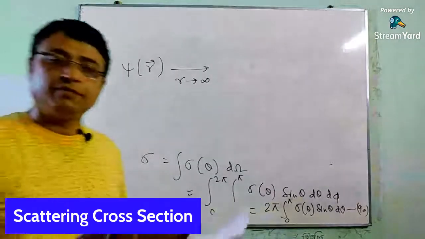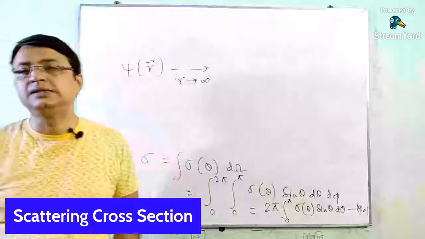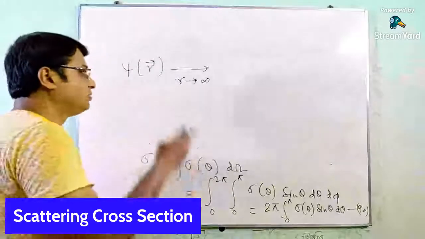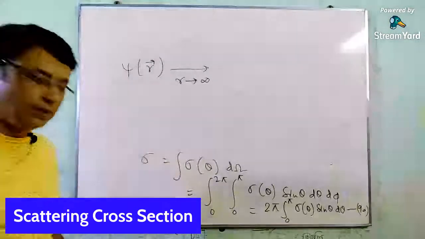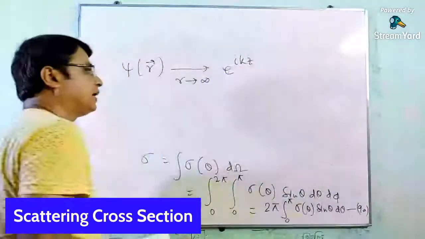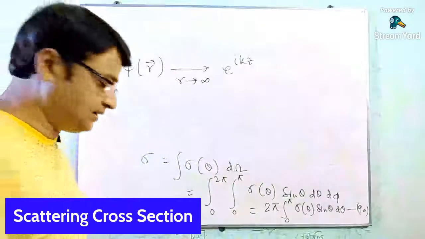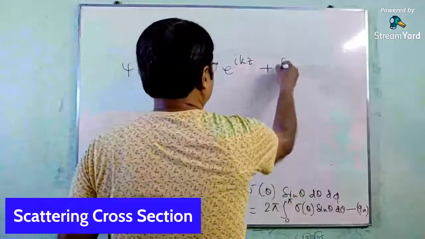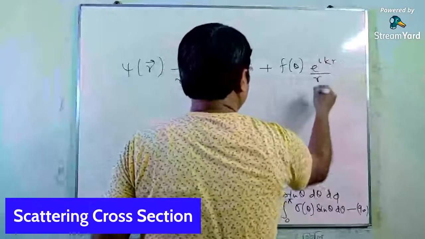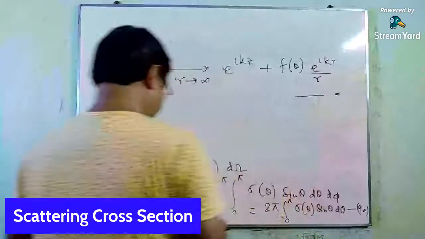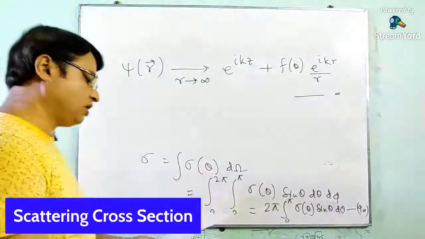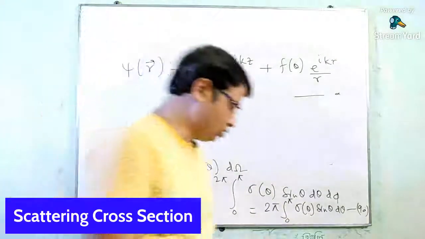We have said that it consists of two parts, psi_inc and psi_sc. Psi_inc is e^(ikz), plus f(theta) e^(ikr) by r. This is the asymptotic form of the solution of equation 2.